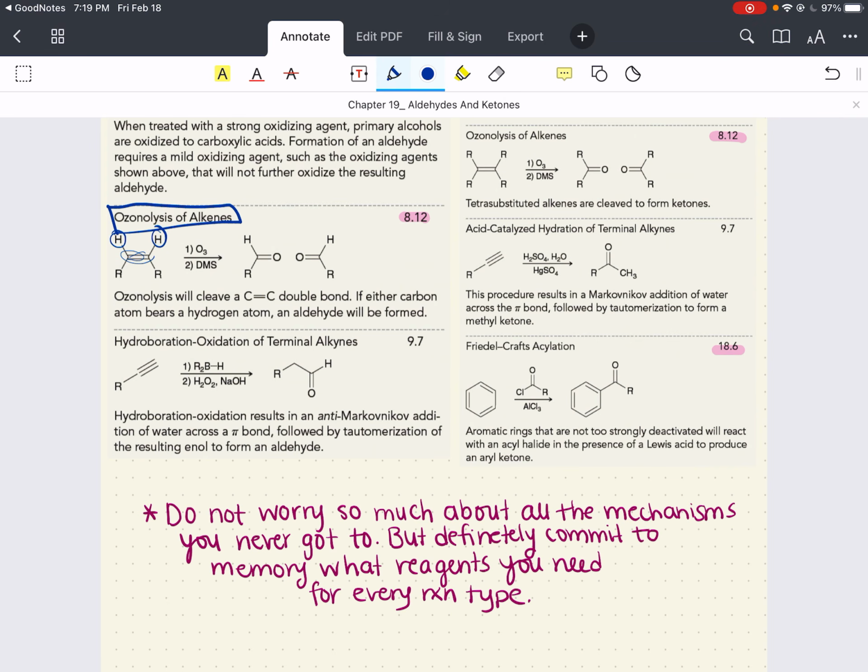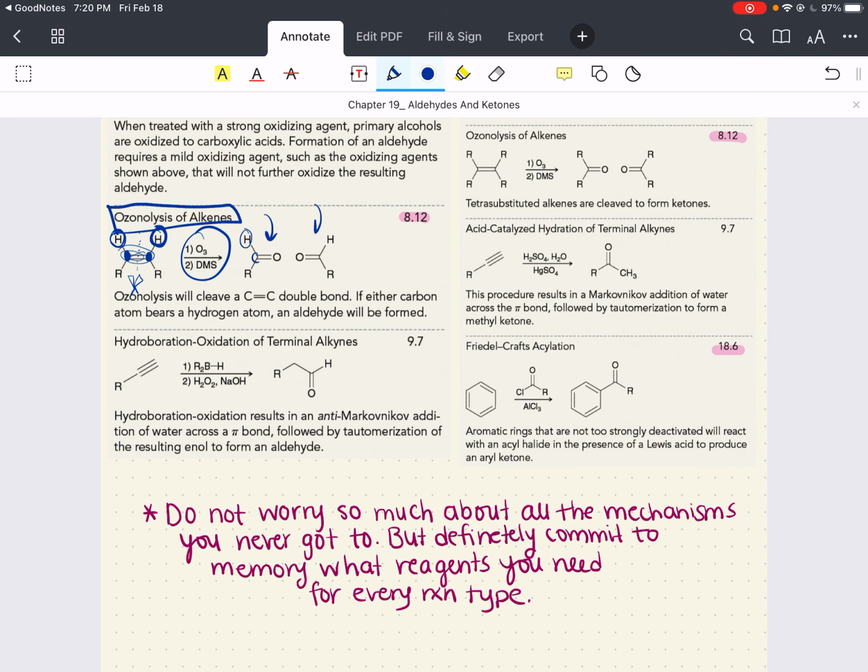So we have our alkene, and on each side of the double bond, the carbon is attached to one hydrogen. When we use our little molecule scissors to cleave this via ozonolysis with these reagents, we form two aldehydes because each carbon had one hydrogen.